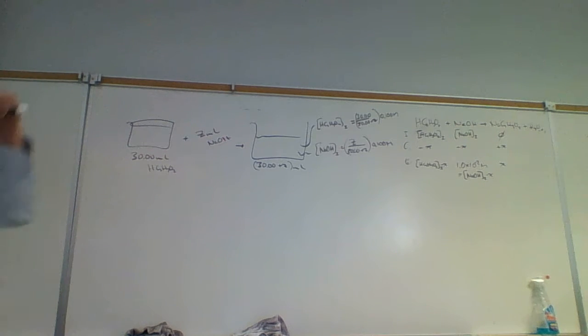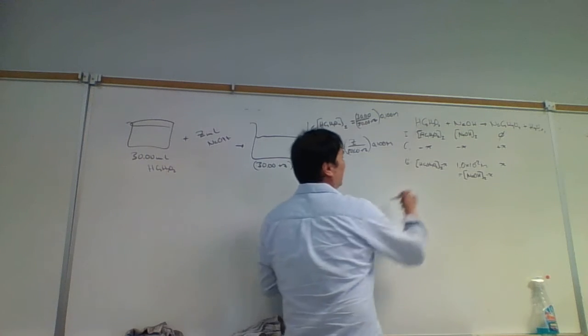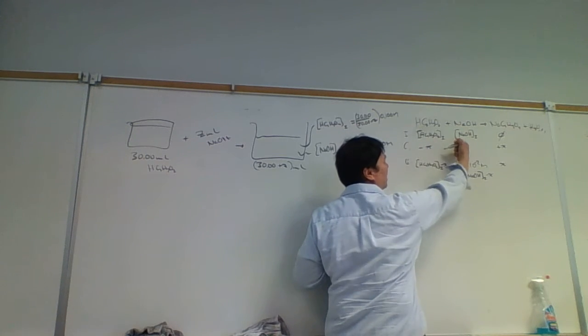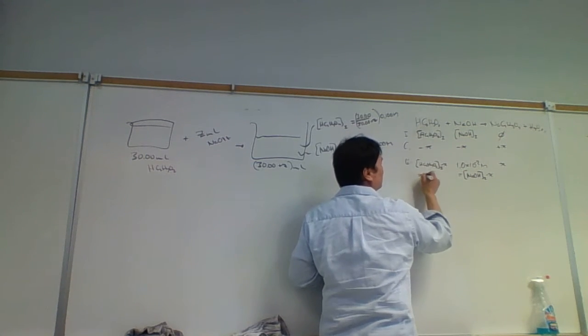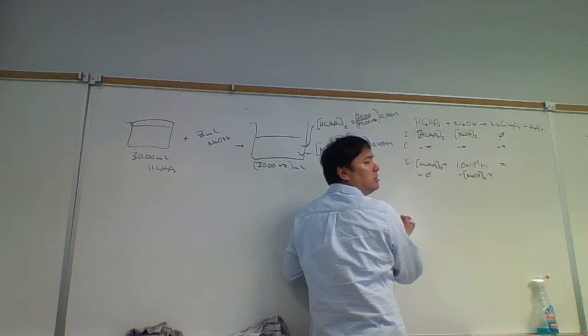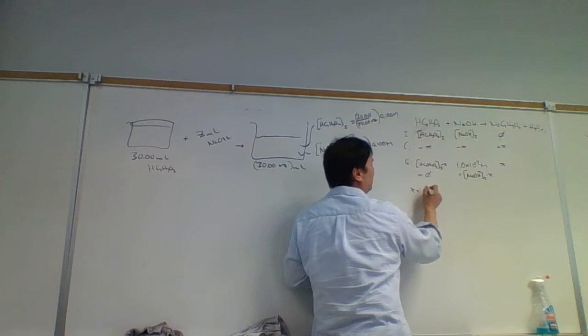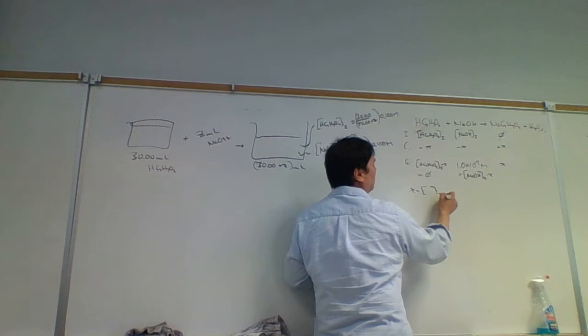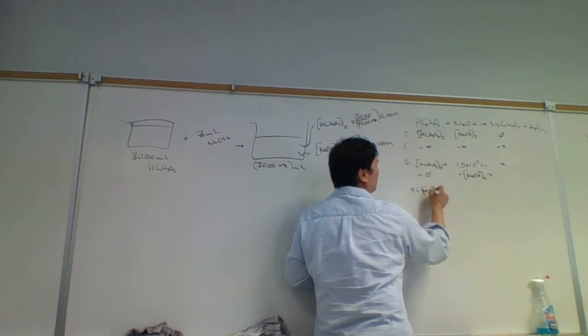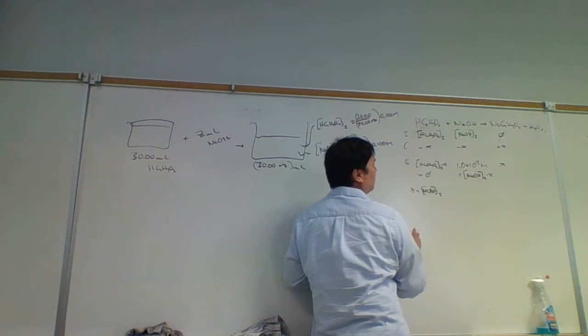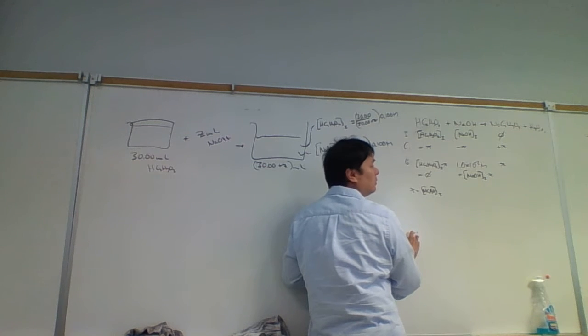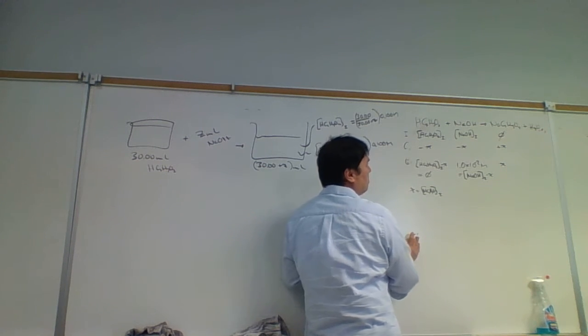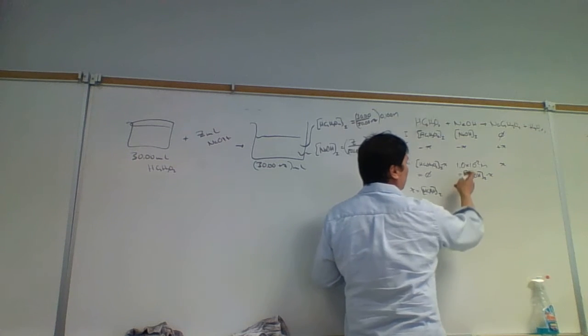Yeah. X has to be acetic acid because this is the limiting reagent. We're in the excess base, and so this has to go to 0. Therefore, X has got to be the concentration of acetic acid initial, right? And so what we're going to get is this.